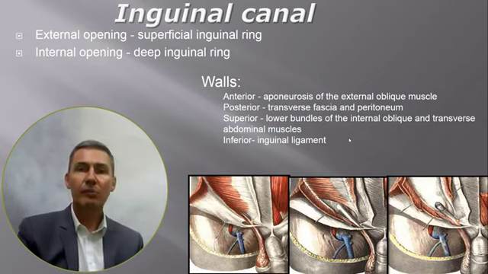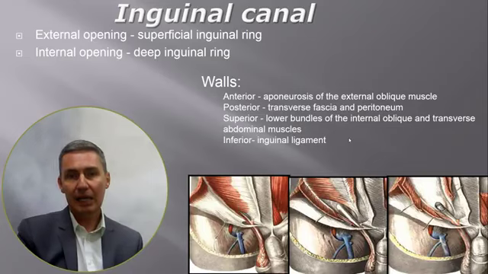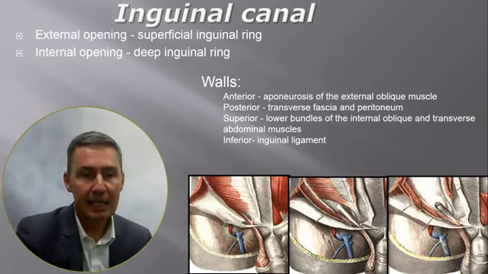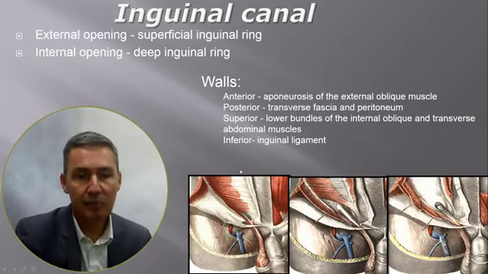So, below the spino-umbilical line, which means the line connecting the anterior superior iliac spine with the umbilicus, the muscular part of the external oblique muscle disappears because it is transformed into the aponeurosis.